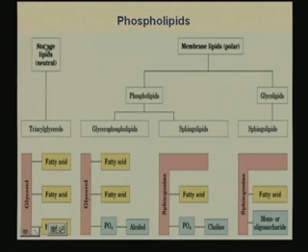So, if we go back to the breakup, we have storage lipids that are triacylglycerols. We have membrane lipids that are phospholipids or glycolipids. The breakup of phospholipids is glycerophospholipids or sphingolipids, where the backbone is basically different. Okay. Now, we will study this in a bit more detail.